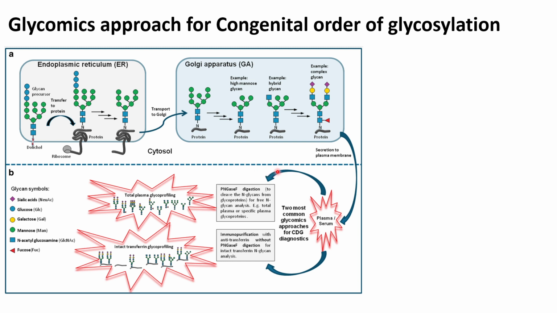Another approach that can be used is immunopurification. In this case, we can selectively identify or separate only those glycan structures which are of our interest, based on antibodies that can target only those glycan structures.